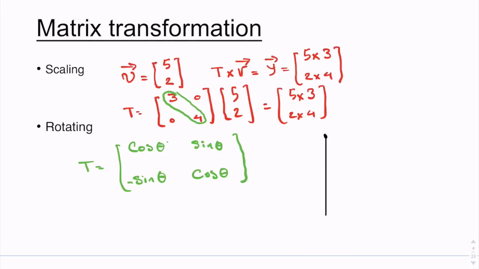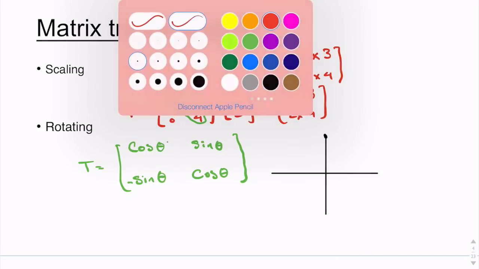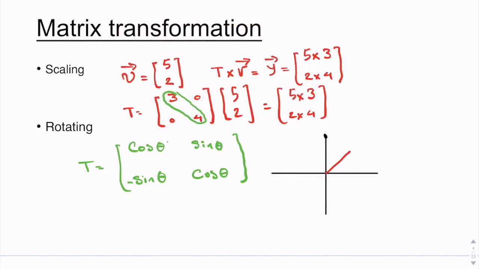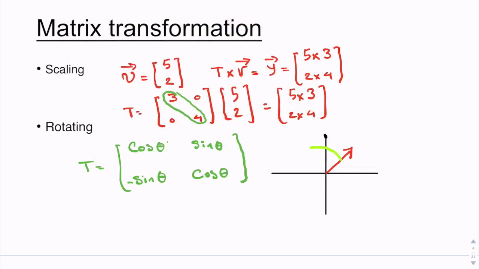For instance, let's say this is my vector. If I want to rotate that vector by 30 degrees to get another vector, then this is theta, and here is, let's say, 30 degrees.